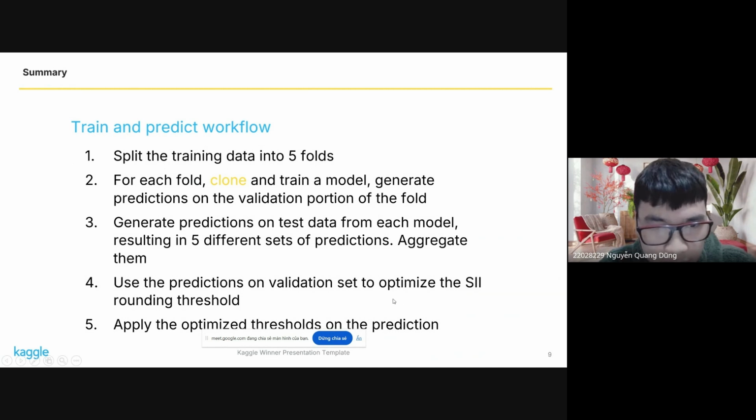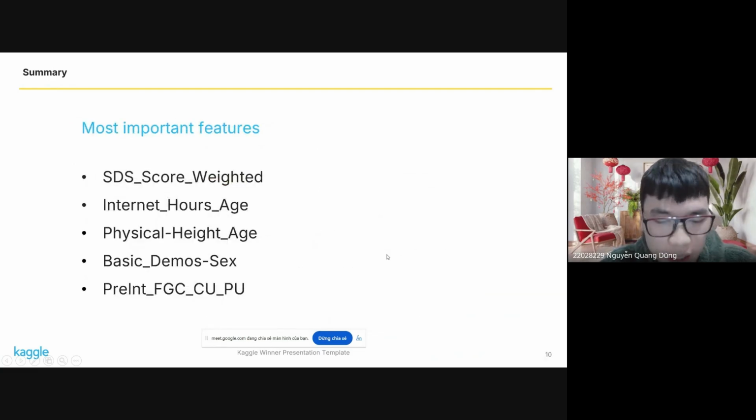and then we use the predictions on the validation set to optimize the SII rounding threshold, and finally apply that threshold on the test prediction. The most important features are primarily newly engineered ones.